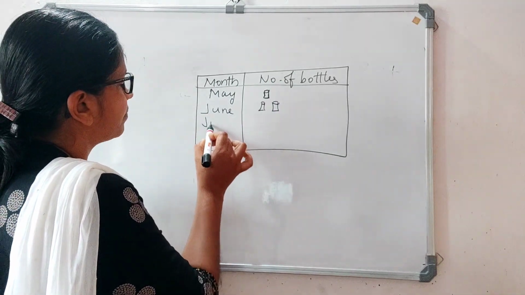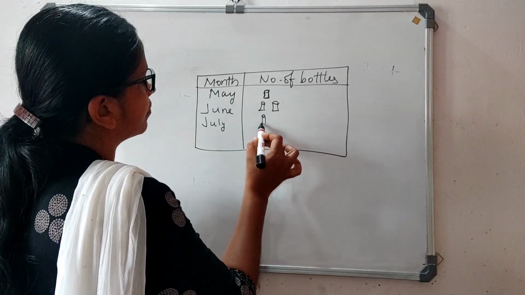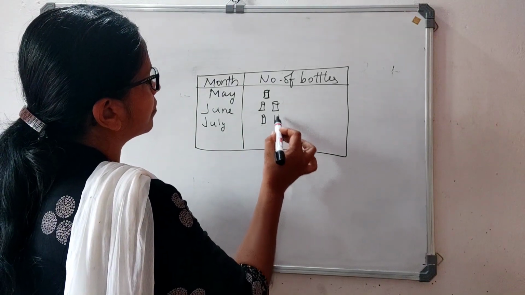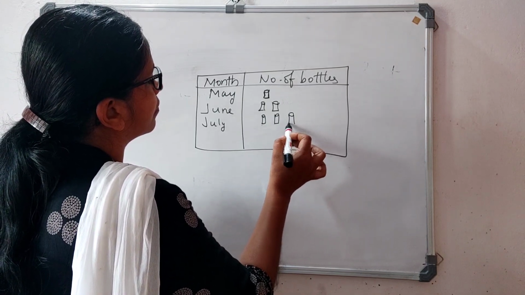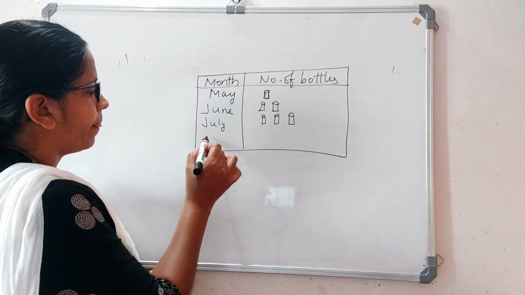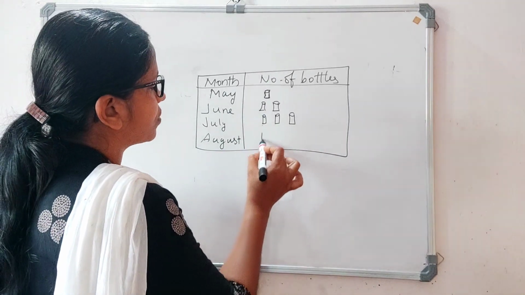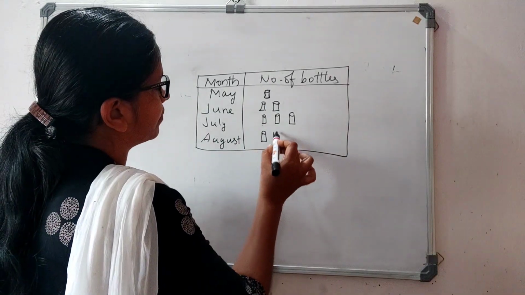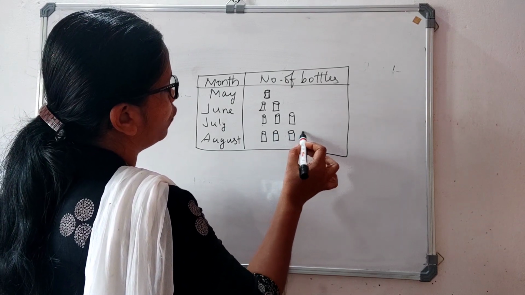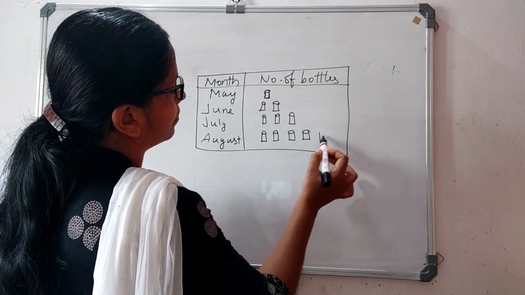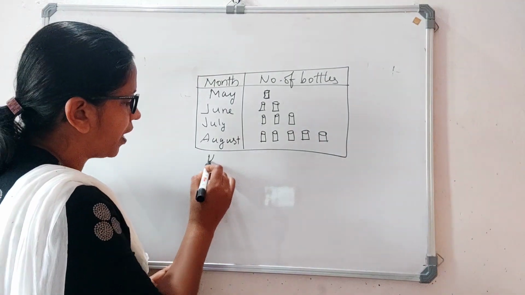Then July, 3000. Then August, it is given 5000, so 5 bottles. And below that I am giving a key.